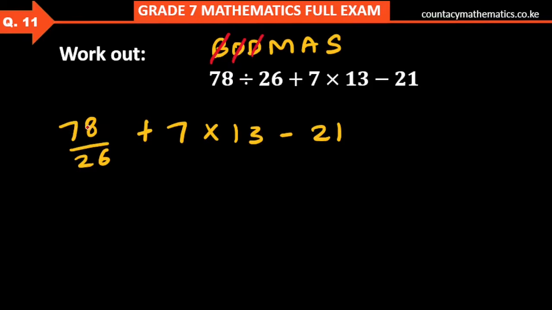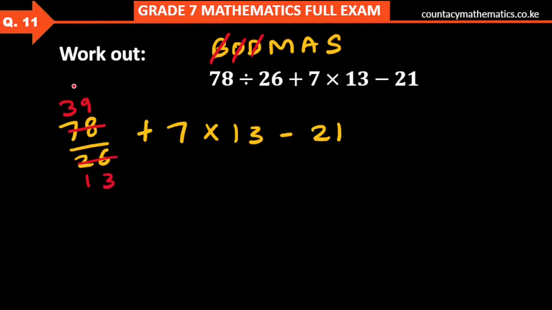With this, you can use a way that you find to be much convenient with you. However, the easiest and the way that I find to be quite better is to try to simplify it just from the way it is. Like 78, you can divide by 2 to get 39. You can divide 26 by 2 to get 13.